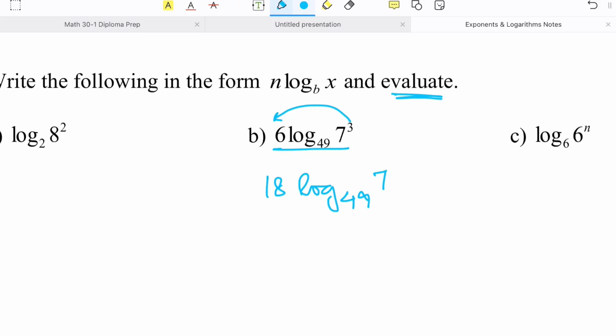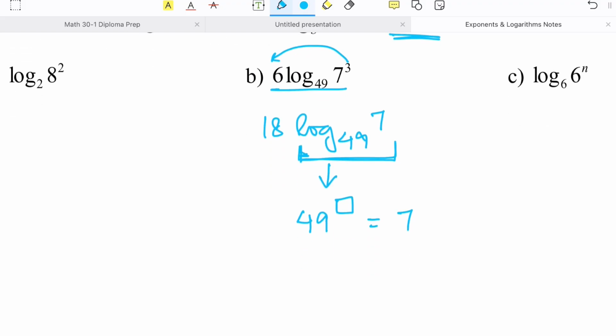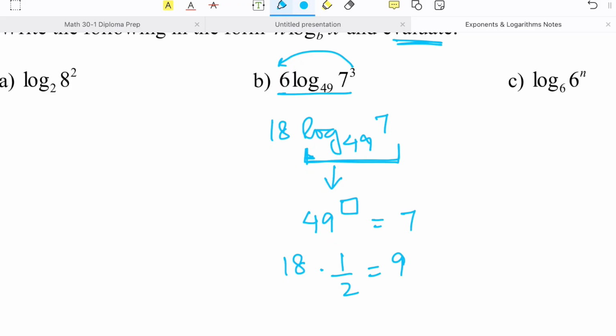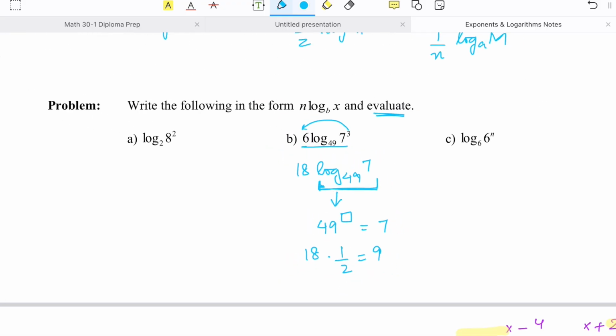If I need to evaluate what log base 49 of 7 is, I can put it in the calculator, or what I can do is, well, 49 to the power of what is 7? And that's half, right? So it's going to be 18 times half, which is 9. Okay. I think that's easy.